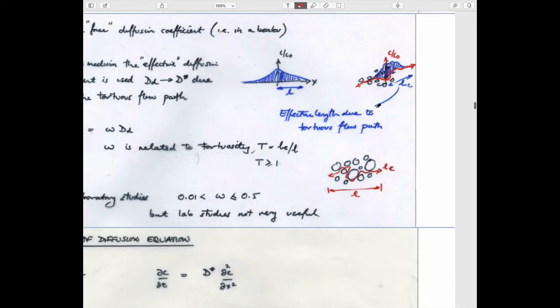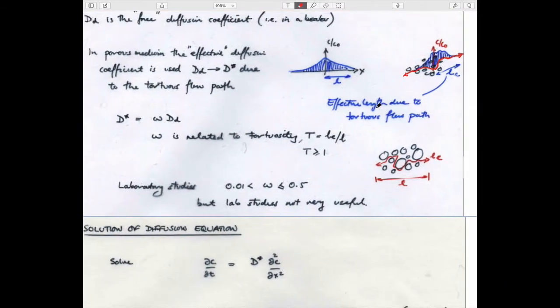So this tortuosity means that some of the cross-sectional area that it would like to flow in is restricted. The diffusion lengths become longer because they have to go in this circuitous flow path. And so you might expect that the effective diffusion coefficient in a porous medium is equal to the free diffusion coefficient of perfume in air or salt in water multiplied by some coefficient which reduces it, that accounts for the fact that it has to go longer between upstream and downstream, that accounts for this diffusion length.